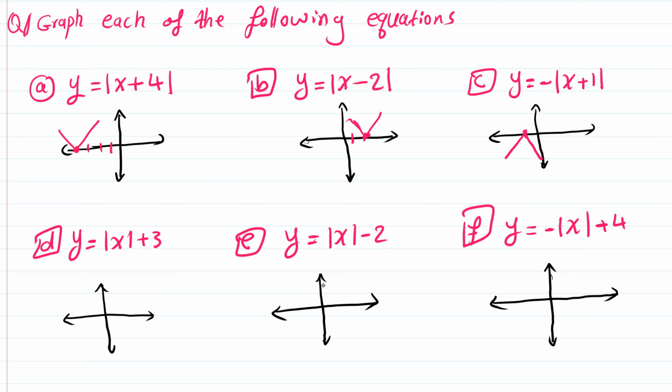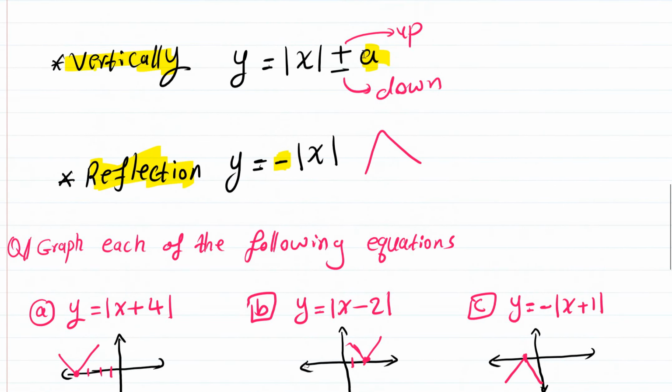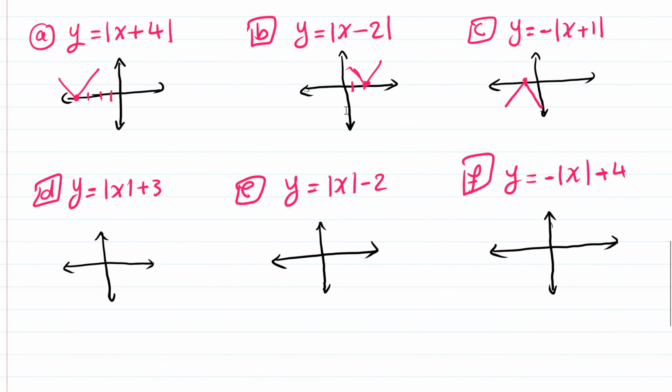D. You have absolute value of x plus 3. The 3 is outside. When it's outside, let's check one more time. The number is outside, we go in the same direction. Positive you go up, negative you go down. So the graph is going to be, when it's plus 3, we must go up 3 units. 1, 2, 3.